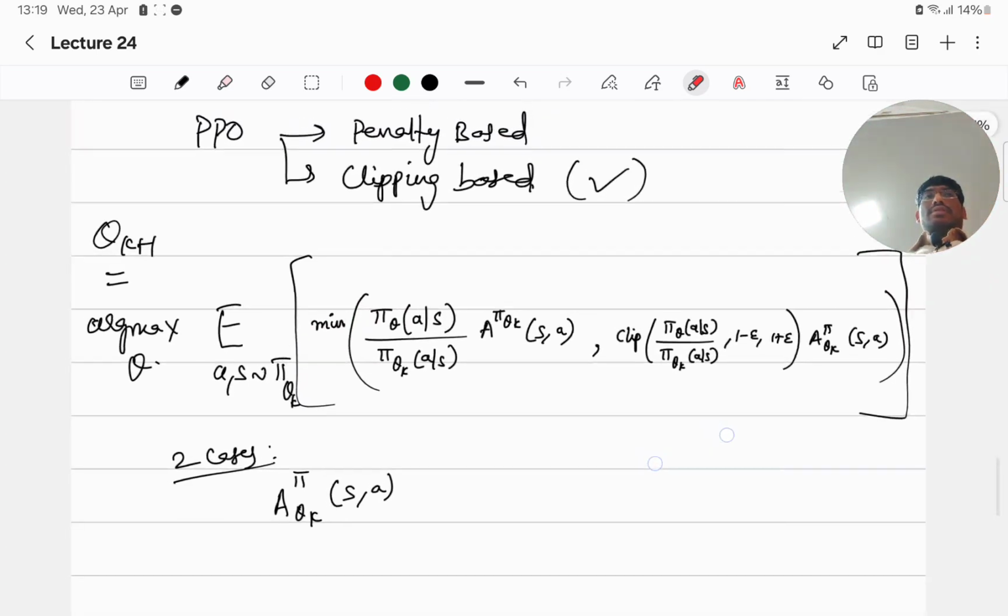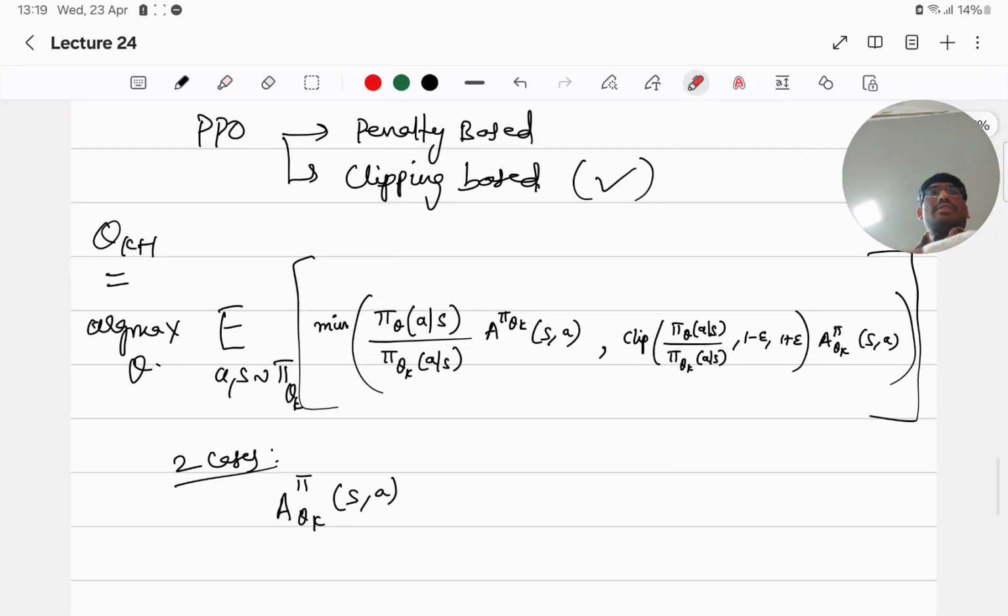What if the ratio is smaller? Which one? Pi theta by pi theta k? Then, no, this is the objective, right? You are trying to maximize this. This is a running variable. So the whole optimization problem will boil down to this.